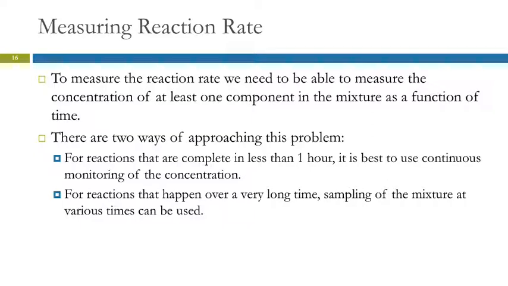If the reaction is fast, if the reaction is going to go to completion in, say, less than an hour, we better monitor that change constantly. So we'll do continuous monitoring. If it's a reaction that's going to take like 3 weeks to finish, then we don't need to sample the concentration continuously. We could look at various time intervals. We could maybe do it every hour or every day or something like that. So there's continuous or there's sampling at intervals.